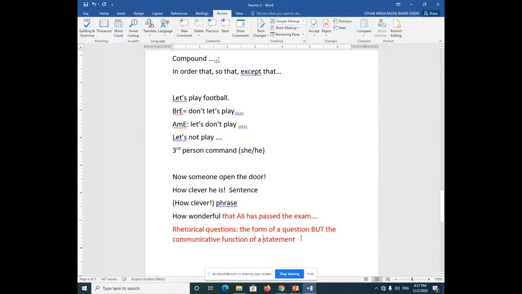Okay? This looks very interesting. What do we mean by this? Actually, this is used by speakers like politicians or by people who would like to give you persuasive force about their speech. So if the rhetorical question is positive, then the implied statement is negative, and vice versa.